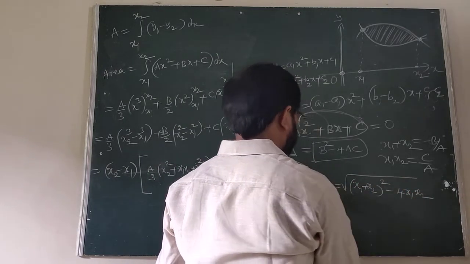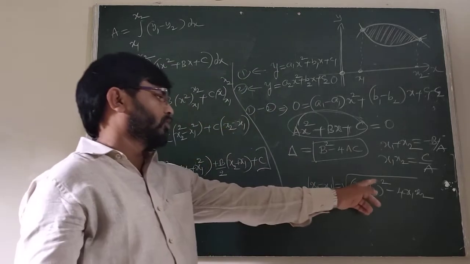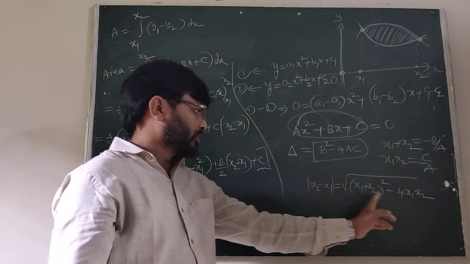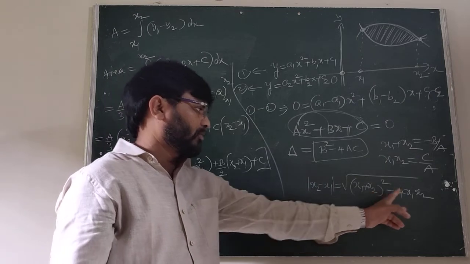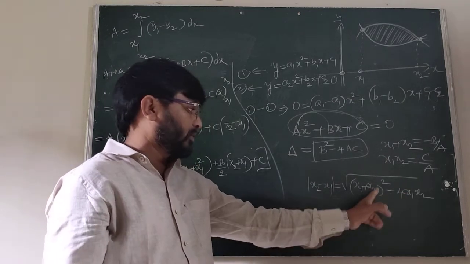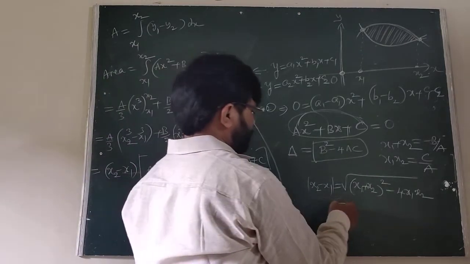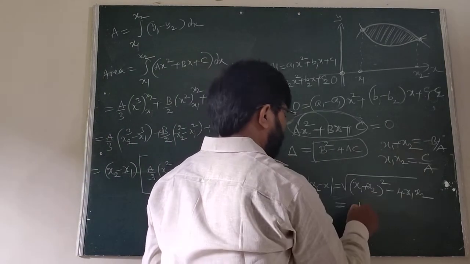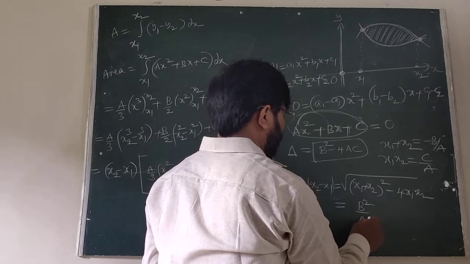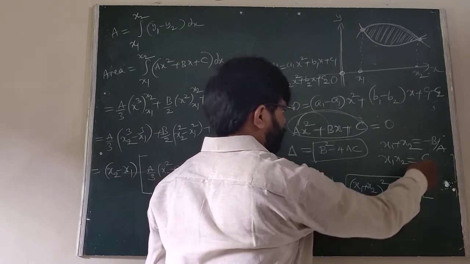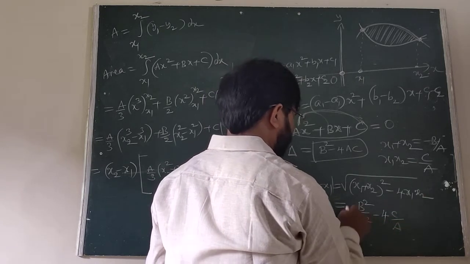Is it clear? How to write this one? (a plus b) whole square minus 4ab is a² plus b² plus 2ab minus 4ab, which is minus 2ab, so (a minus b) whole square, and square and root cancel. Now x1 plus x2 is b² by a² minus 4x1x2, which is c by a.